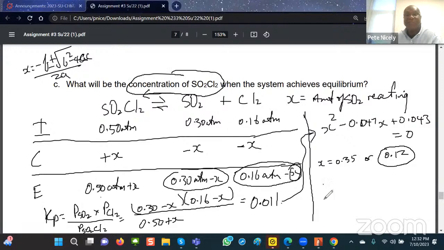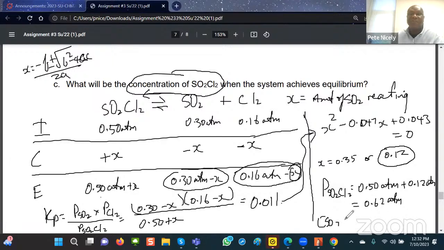That would be equal to, based on this right here, 0.50 atmospheres plus 0.12 atmospheres, which would be equal to 0.62 atmospheres. So to find the concentration of SO2Cl2, that would be equal to the pressure of SO2Cl2 divided by RT.